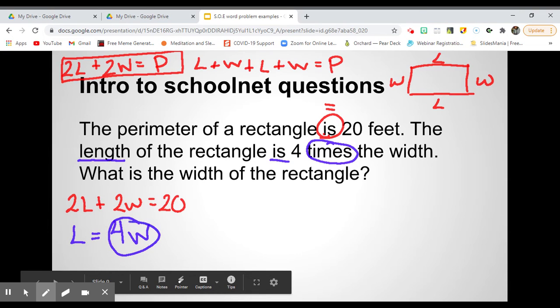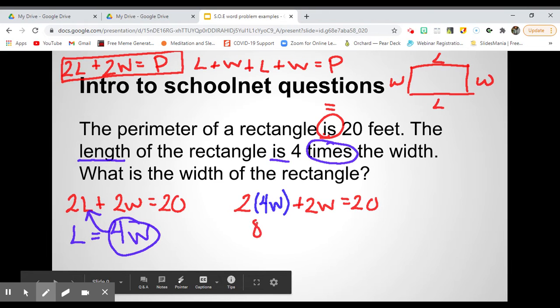If L is 4W, I'm going to put 4W in for L. So my equation is going to look like 2, and instead of L, I'm going to put 4W, because we're substituting or replacing, plus 2W is equal to 20.